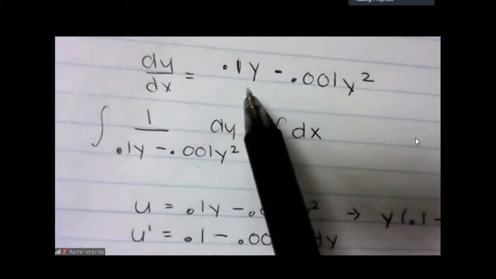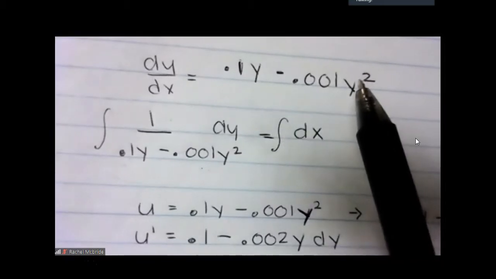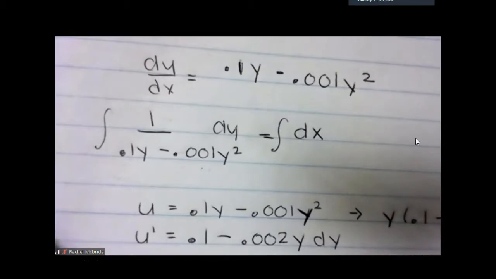If you had maybe not distributed your 0.001, let's get rid of our fraction. Are you ready? Don't distribute your 0.001, just distribute your y. That way we don't have to work with decimals.